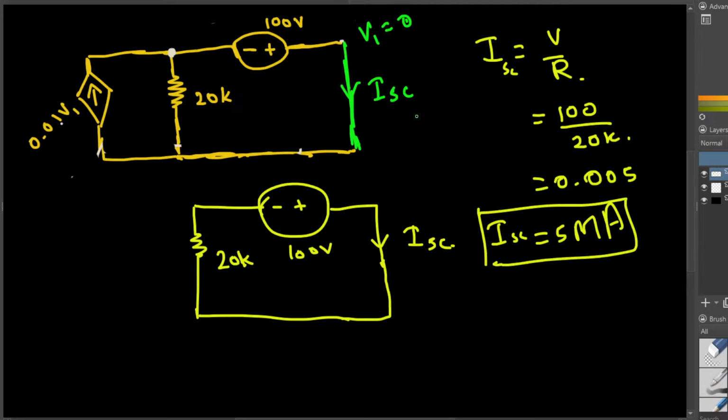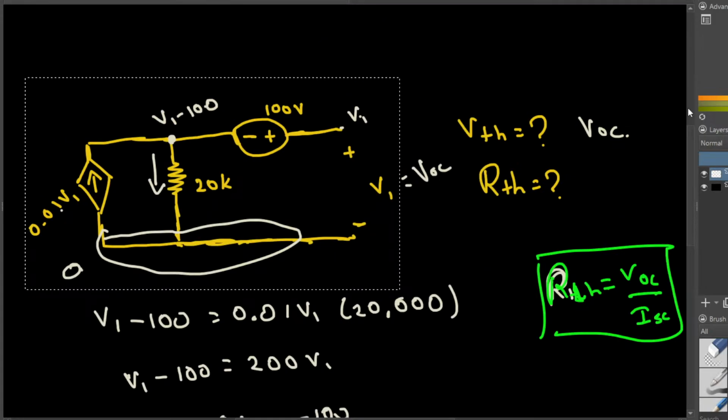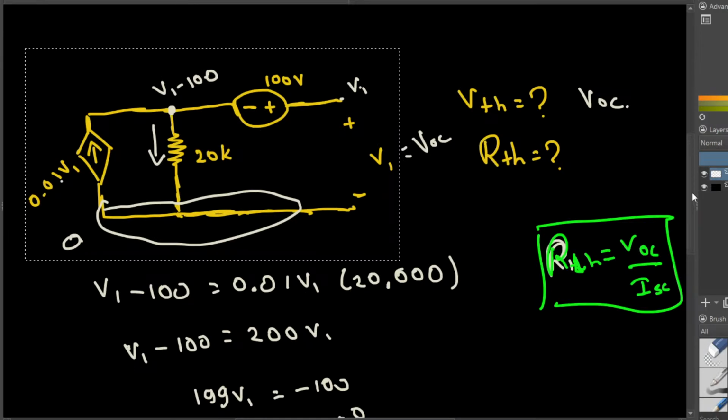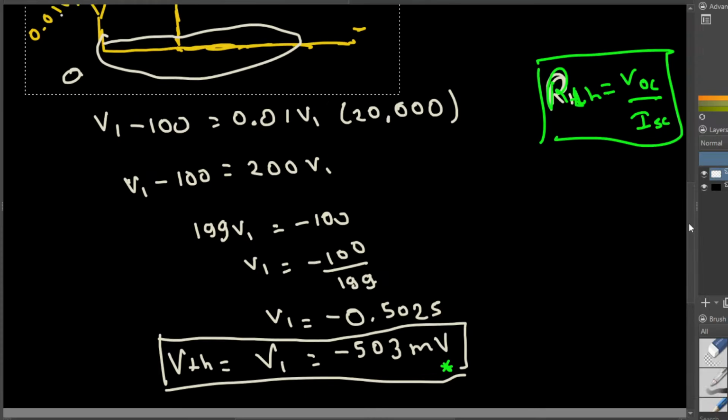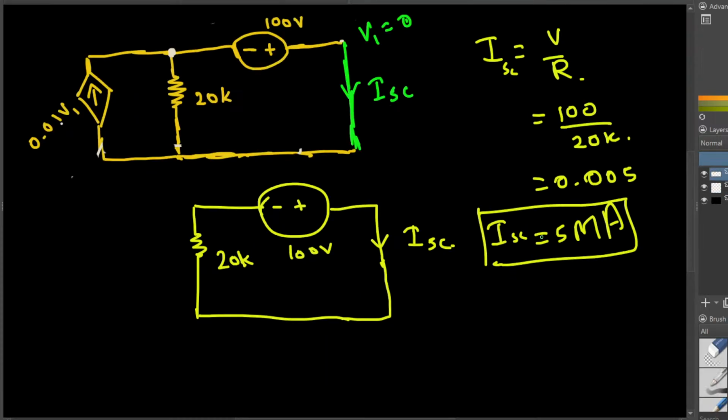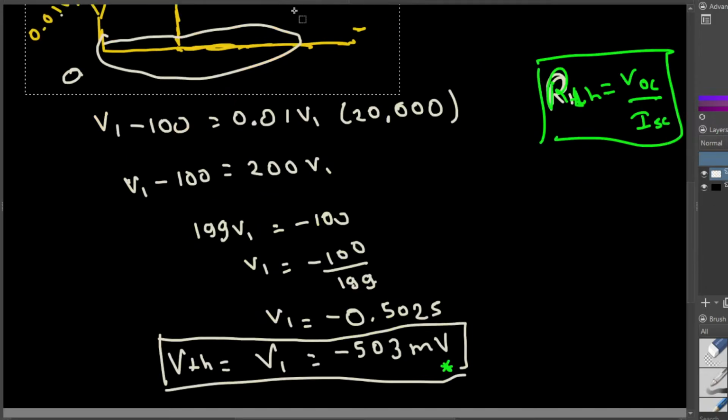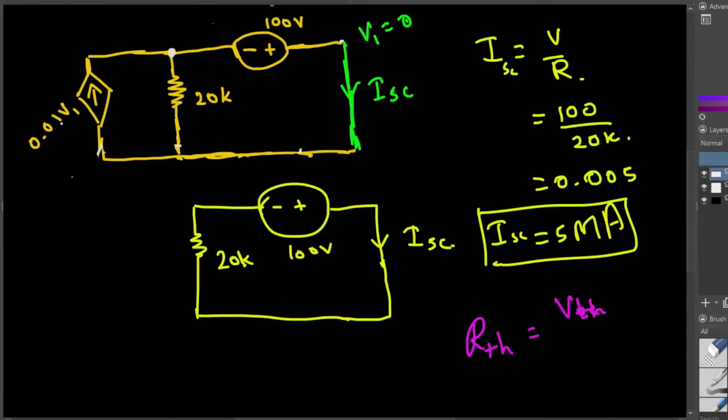Okay, now we have the I short circuit, and we have the VOC as well. VOC is negative 503 millivolts, and ISC we just calculated to be 5 milliamperes. So let's find the RThevenin. RThevenin is equal to VOC divided by ISC. VThevenin or VOC, you can put either because they have the same value.